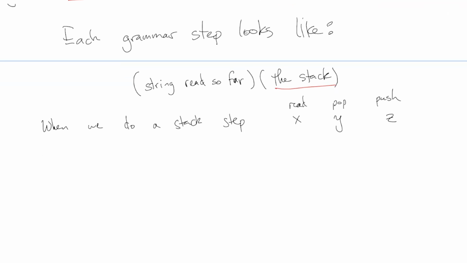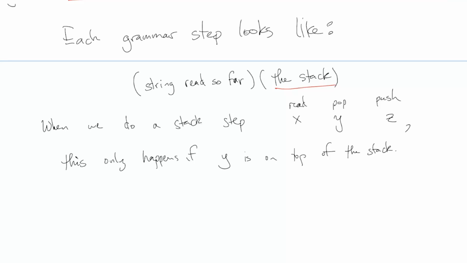First of all, when we do a stack step like this, it can only happen if Y is on top of the stack, right? Because otherwise you can't do that rule. If the rule says pop Y, you only do this rule when Y is on the top of the stack.